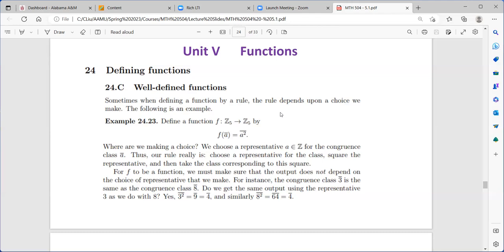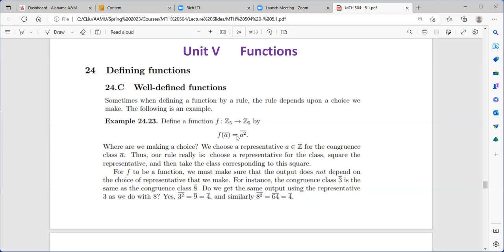When you divide an integer by 5, you only get 5 different remainders. So obviously, this a square bar is one of those classes or remainders. So we want to make sure this function makes sense.